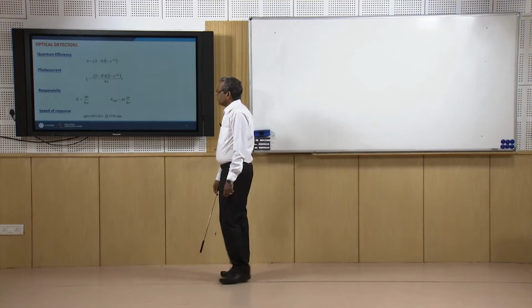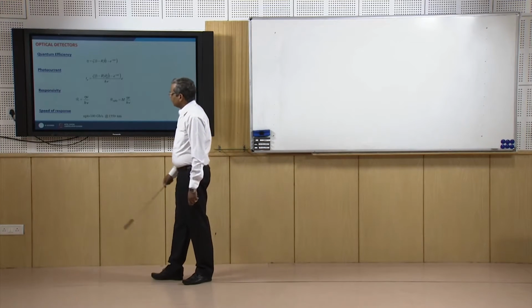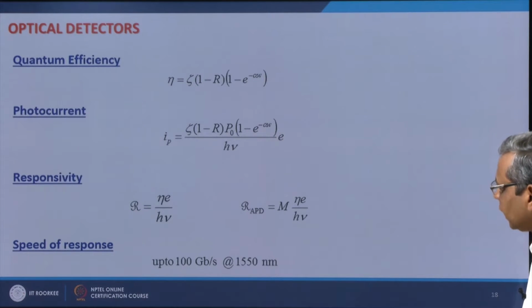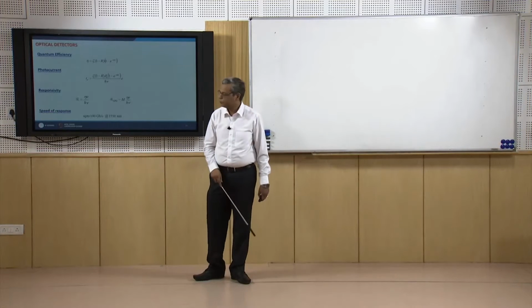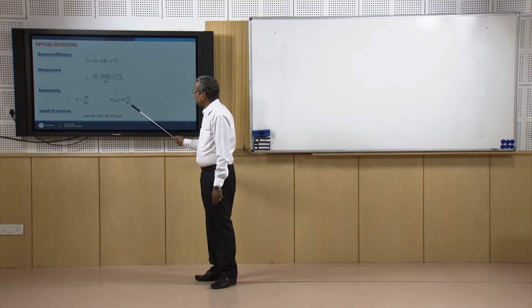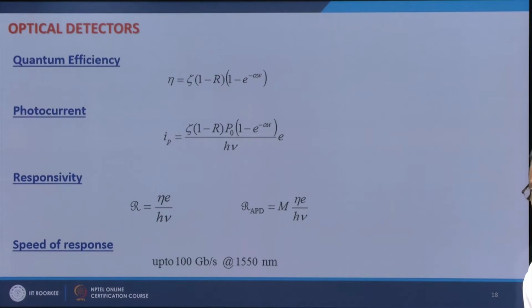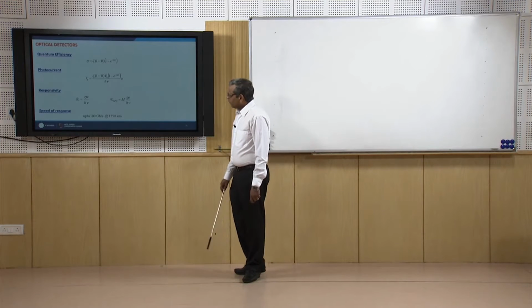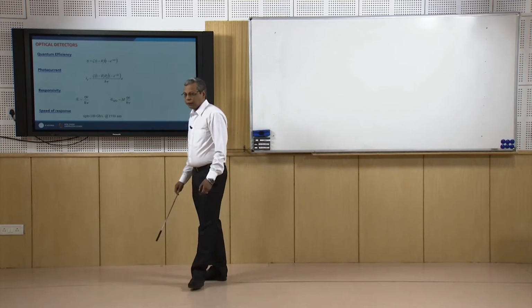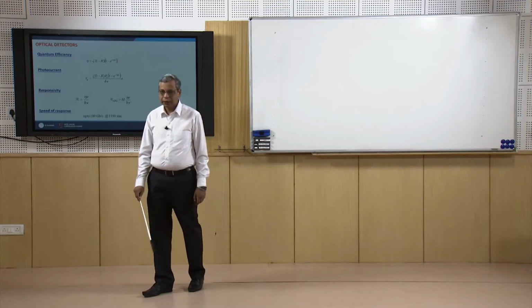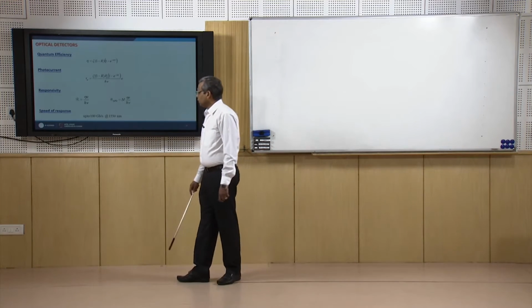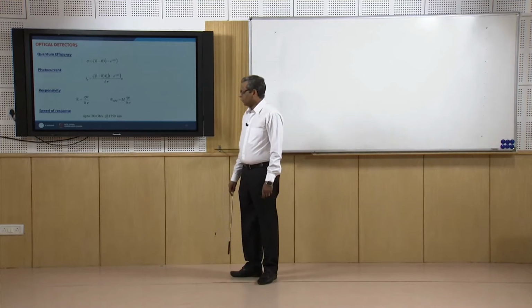The responsivity of the detector is defined by eta E over h nu, and in case of avalanche photodiode, because there is internal gain mechanism, so it gets multiplied by a multiplication factor m because of the gain. Speed of response, you can have now photodetectors which can go as fast as 100 Gbps at 1550 nanometer wavelength.